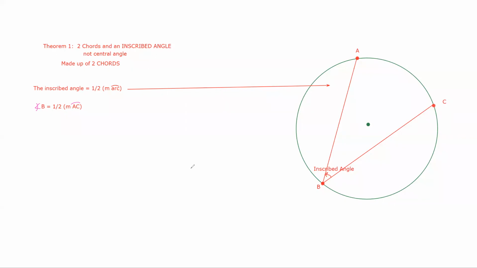Now what if you're given angle B? So this might be example number 1. We're given angle B, and angle B equals 70 degrees.